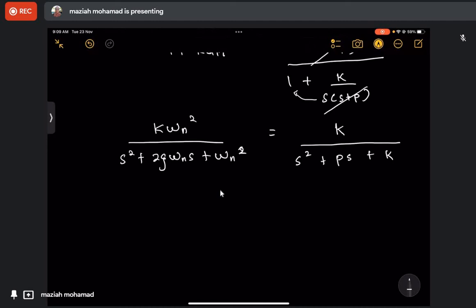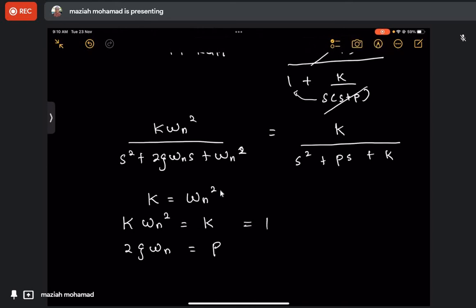So we can say that K is equal to omega n squared, and then 2 zeta omega n is equal to P. Okay, so we can determine K, as in the parameter K in the system, and also P. Basically the gain here is 1. Okay, so we have the value of omega n.